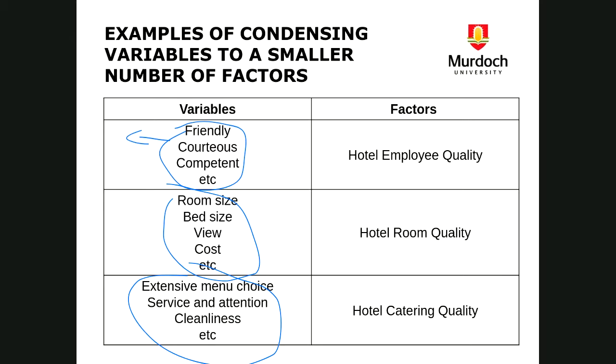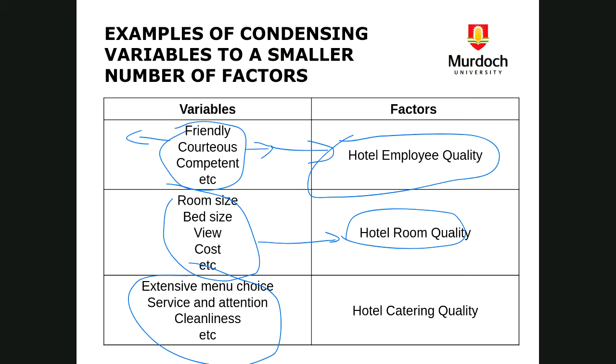There's no overlapping between them. Second, once SPSS decides this, it's going to make sure that this group is converted and calculated to be one variable. So a new variable is going to be calculated for this group, and a new variable for this group, and a new variable for this group, without deleting those, by the way.